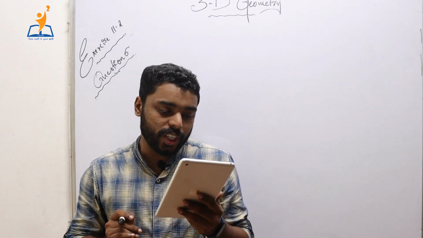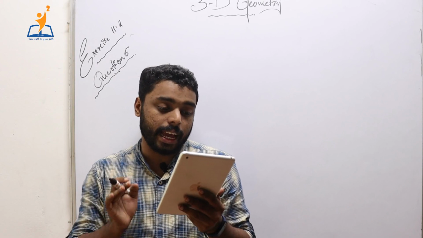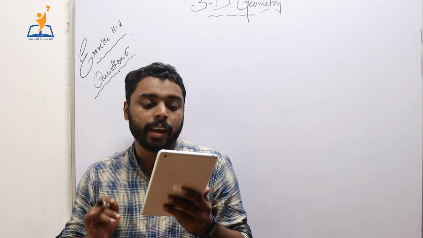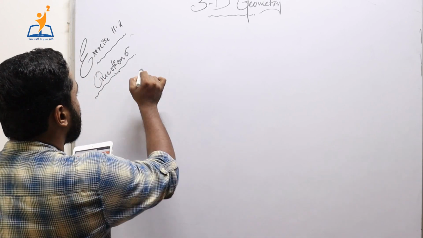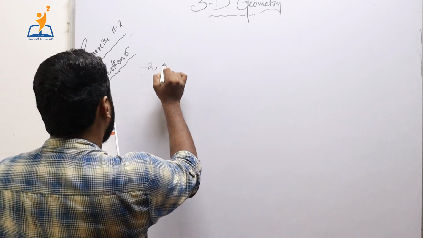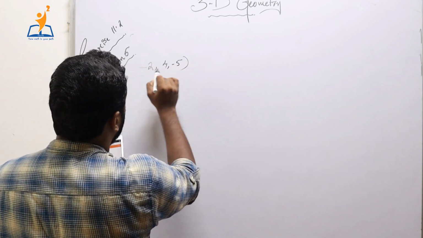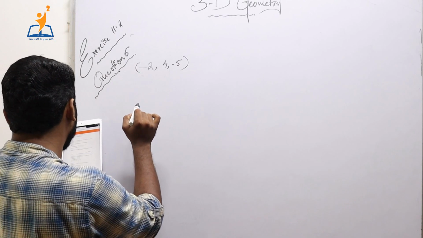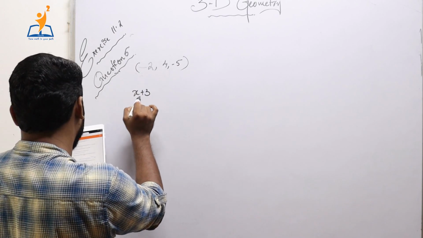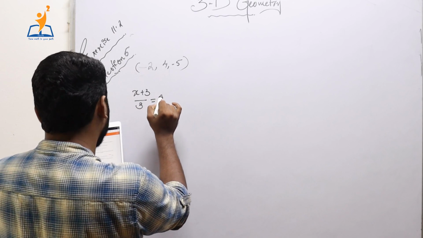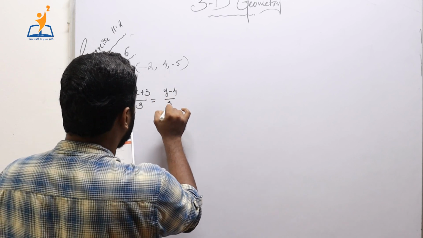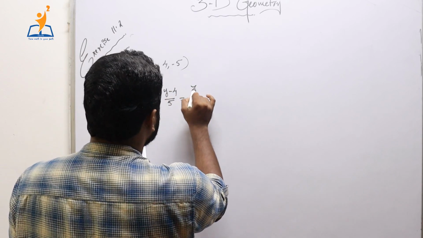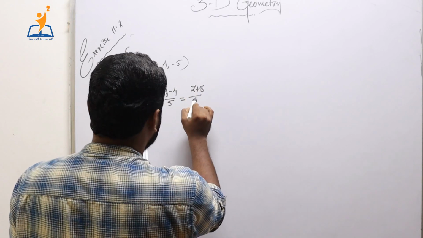So coming on to question number 6, the question says: find the Cartesian equation of the line which passes through the point (minus 2, 4, minus 5) and is parallel to the line (x plus 3) divided by 3 is equal to (y minus 4) divided by 5 is equal to (z plus 8) divided by 6.